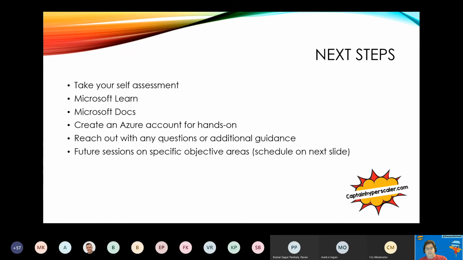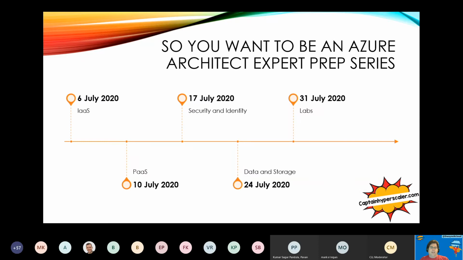And then, as I've said, future sessions will focus on specific objective areas and specific components of those objective areas. We'll hit on that here on this slide and give you the continued schedule. As I stated, our next session will be July 6th, which is a Monday, 2 weeks from today, and will be on infrastructure as a service.